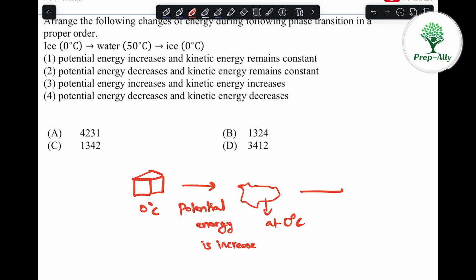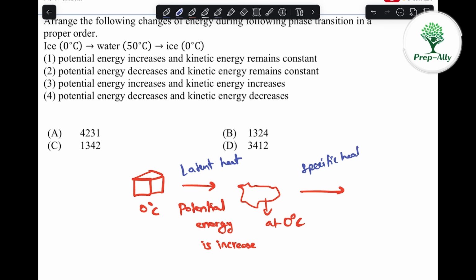So after that, what happens if I give extra heat? Whatever heat is absorbed to increase the potential energy in a phase change is called latent heat. And whatever heat is absorbed to change the temperature, which means to change the average kinetic energy, is called specific heat.